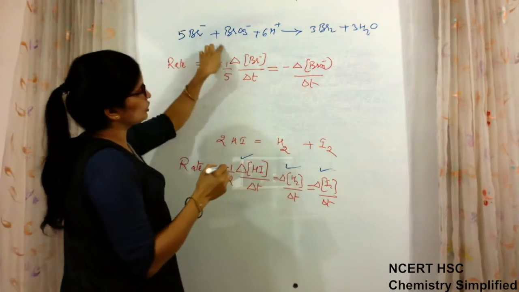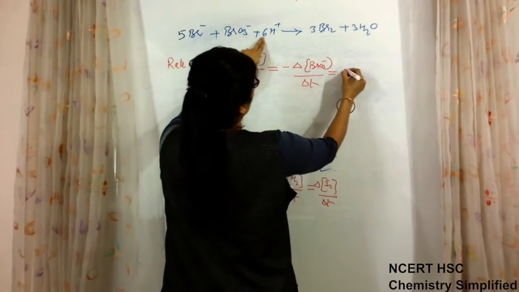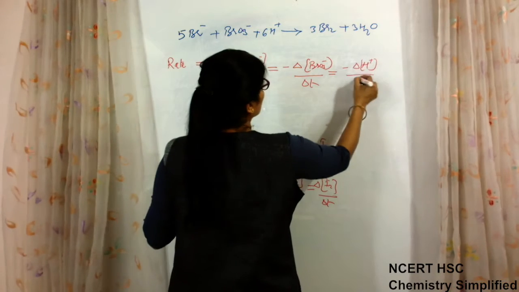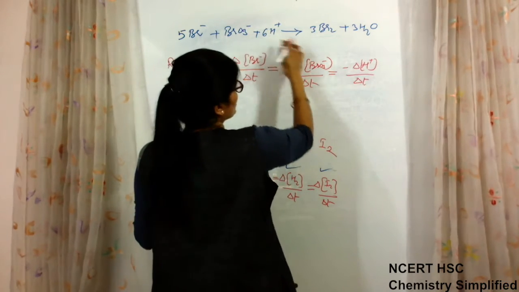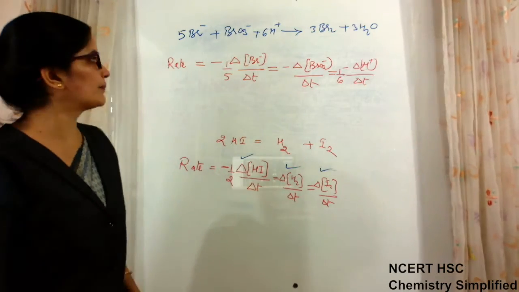No stoichiometric coefficient, so I will not write anything here. Or minus the change in concentration of H positive ion with time, and because the coefficient is 6, divided by 6.